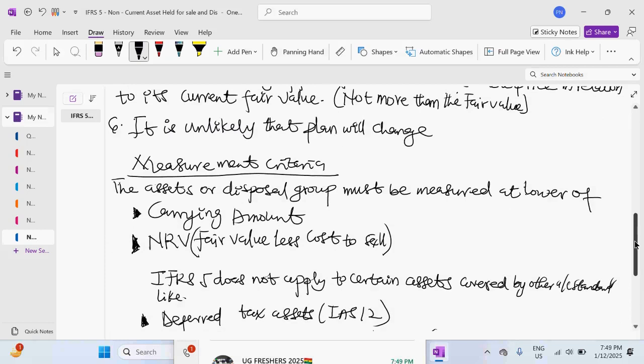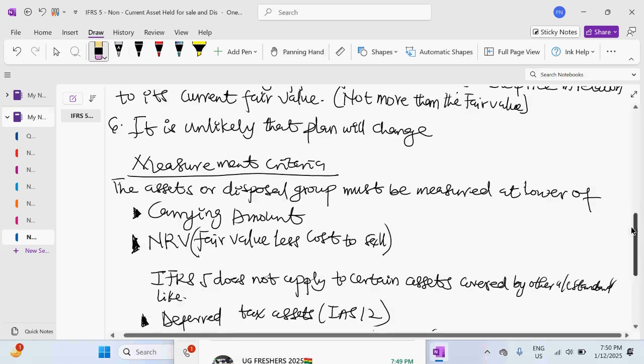And then the recoverable amount is the higher of what? Fair value less cost to sell, and then the value in use, right? Yes. So you know that.